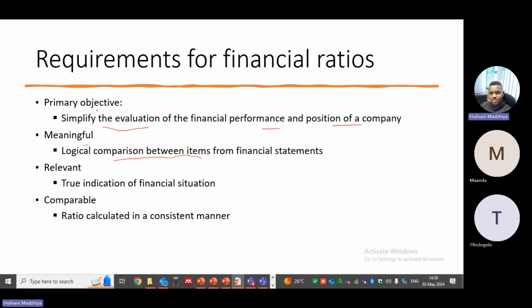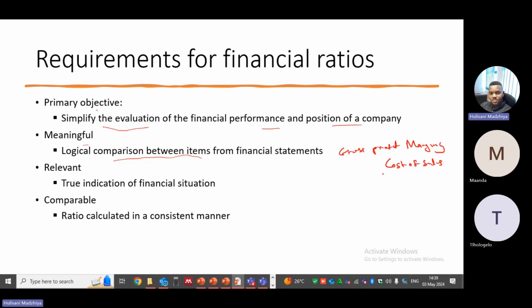For example, the gross profit margin ratio. This ratio needs to be meaningful. We need to be able to understand what we are actually calculating. So I cannot go and say cost of sales ratio, where I'm going to say cost of sales over sales.